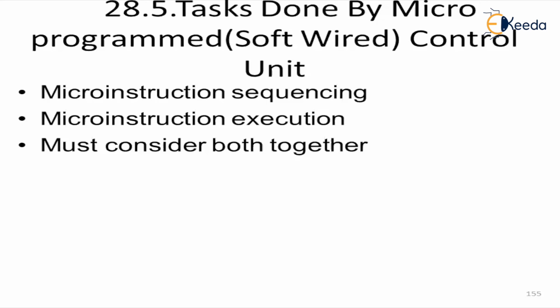Now let us go ahead and look at it one by one. It consists of micro instructions, which is called sequencing micro instruction and micro instruction for execution, and we should consider both of these parameters.